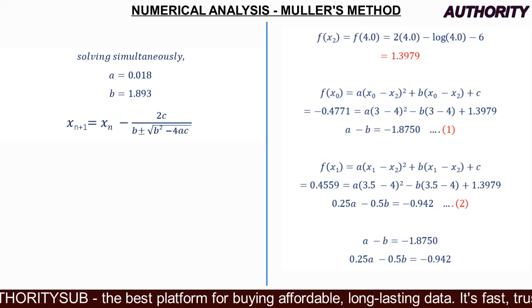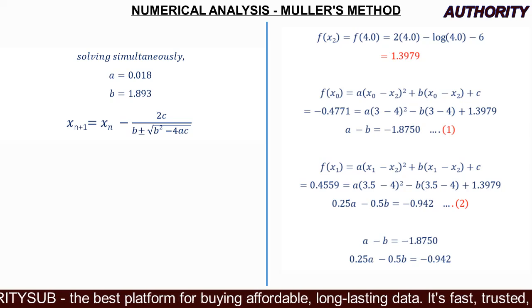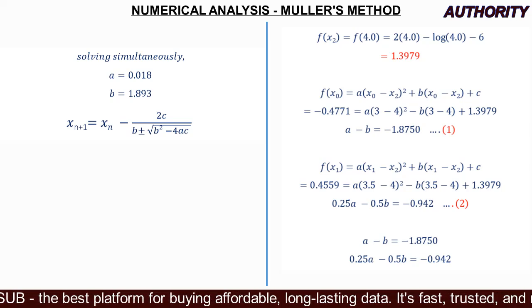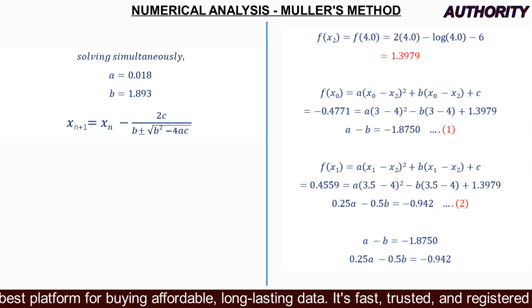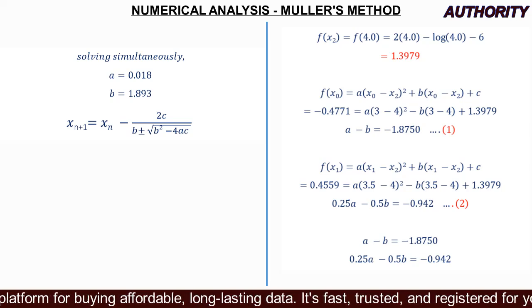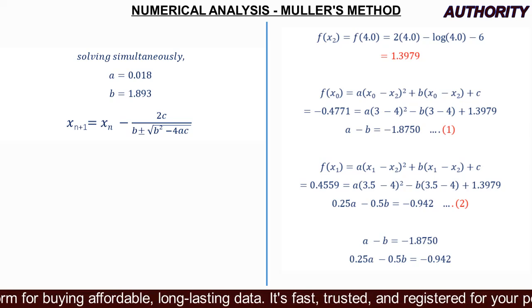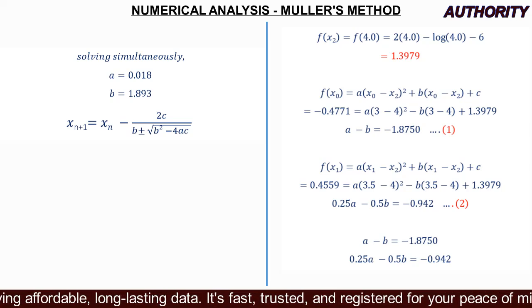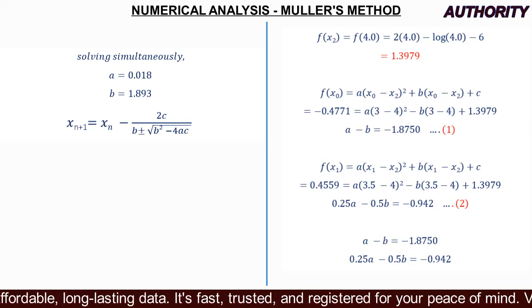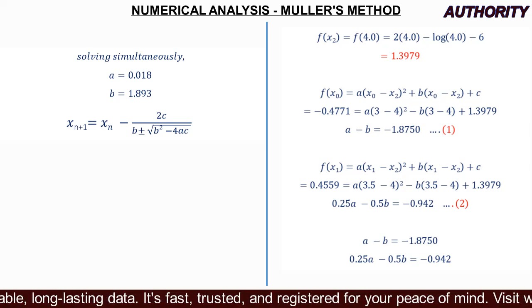And then, look at it. We have x0, x1, and x2 as our starters, right? Good. So that means that our n is going to start from the last starter. I don't know if you understand.